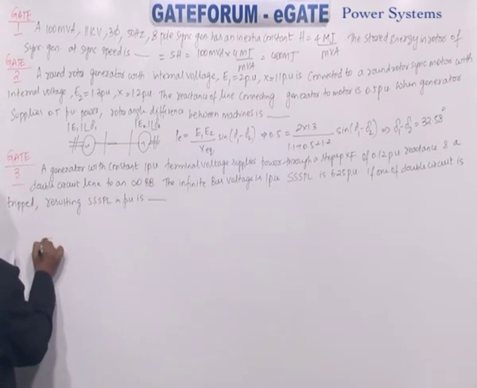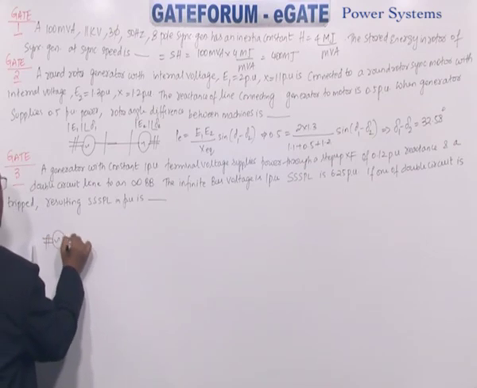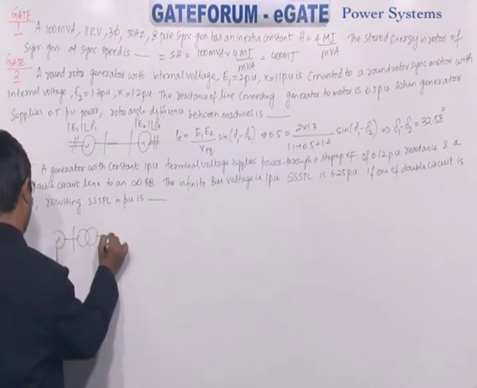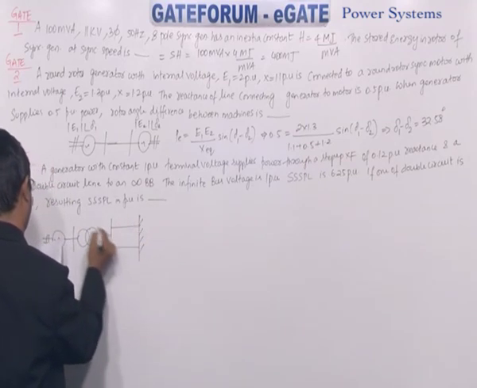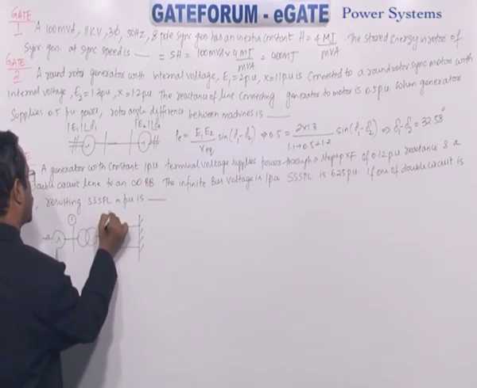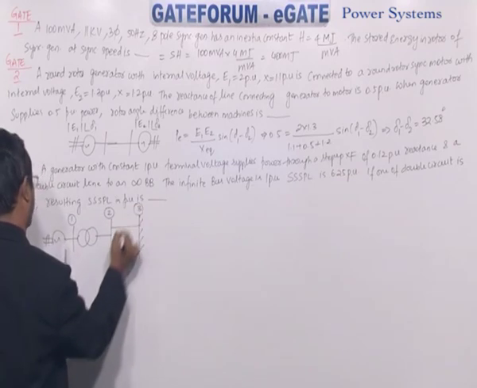In the question you are also given this figure, with the transformer. We have the buses 1, 2 and 3.